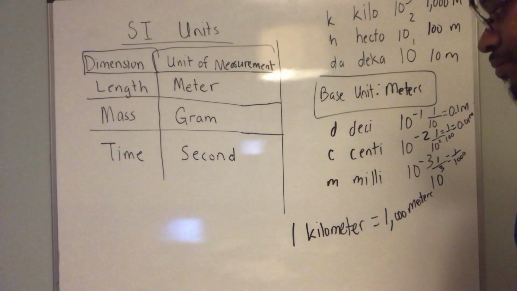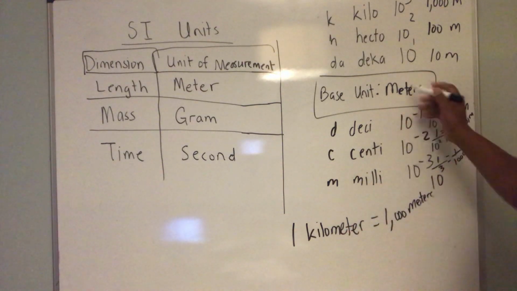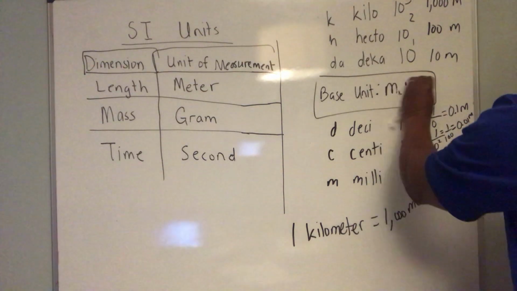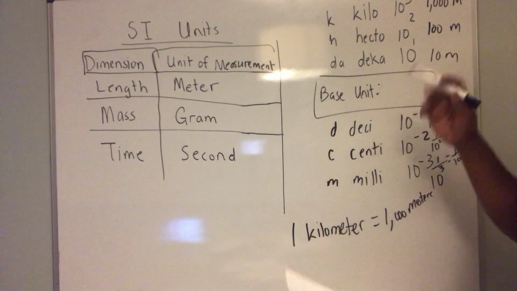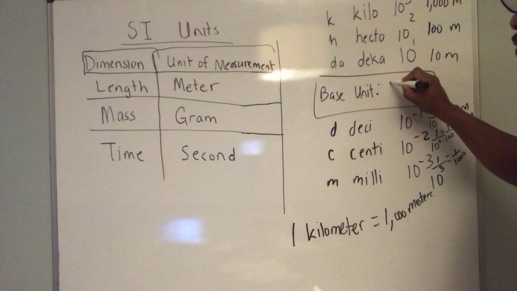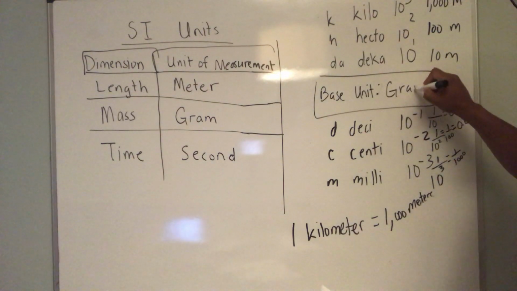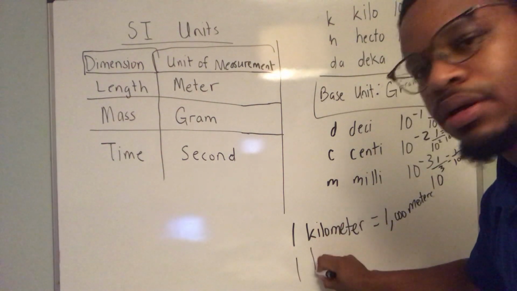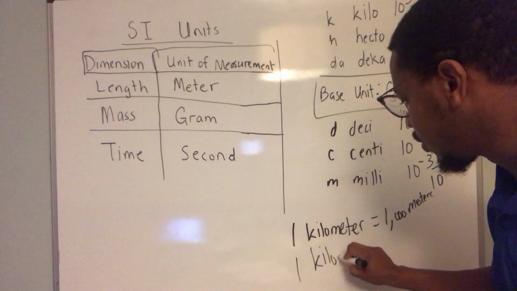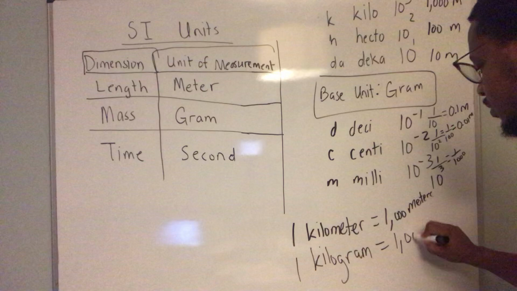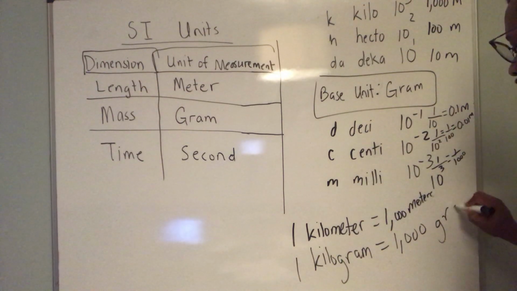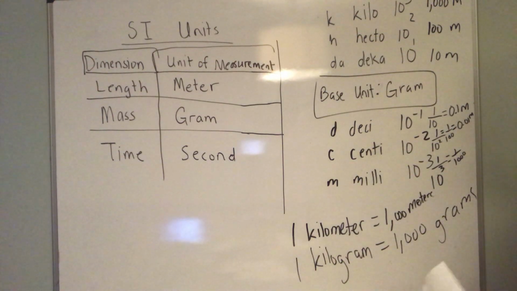With a gram, it would be the same thing. If I had made this gram, so we were measuring mass, or we'll call it weight, I could say 1 kilogram equals 1,000 what? Grams.